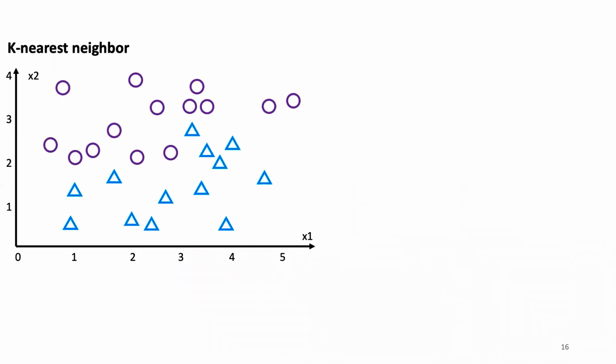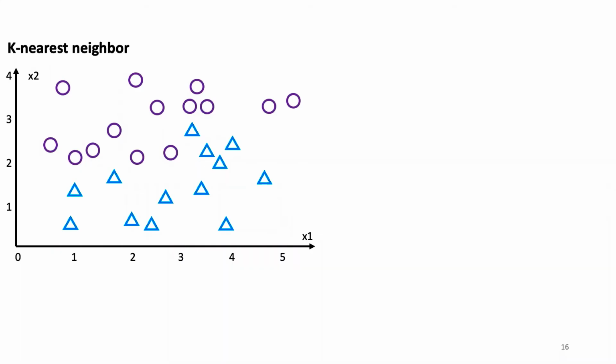So this is the k-nearest neighbor algorithm, or KNN. It's another simple algorithm that stores all available cases and classifies new cases based on a similarity measure, which is the Euclidean distance. KNN has been used in statistical estimation and pattern recognition for a long time.